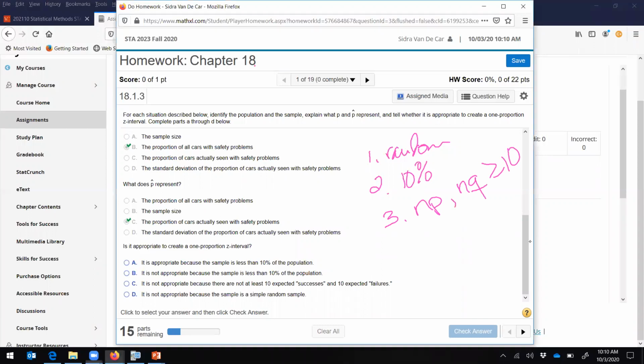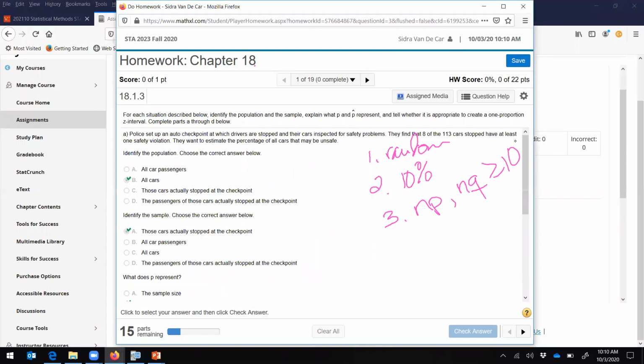So if we look at this, the way the problem's posed, it says police set up an auto checkpoint at which drivers are stopped and their cars are inspected for safety problems. Well, that actually doesn't really tell me anything about random sampling or anything like that. The purpose of the random sampling is that they're supposed to be representative of the population. So I would have to assume that the checkpoint where they're stopped is representative of cars on the road.